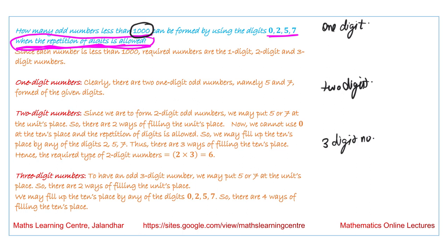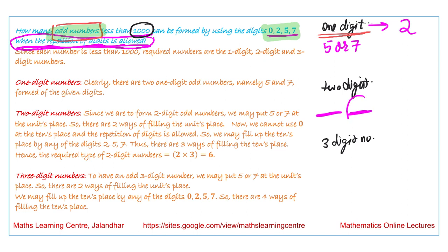Now suppose we are talking about the first case, that it is a 1 digit number, and the condition given to us is that it is an odd number. Out of these digits, the 1 digit odd number can be 5 or 7. So the number of 1 digit numbers is 2. When we are talking about 2 digit numbers, the number is to be odd.